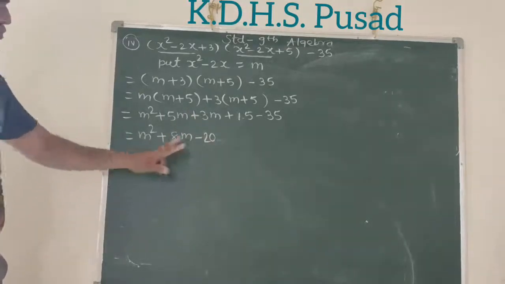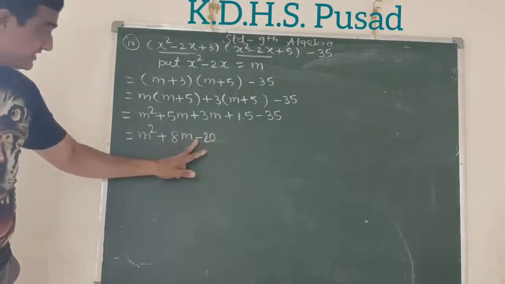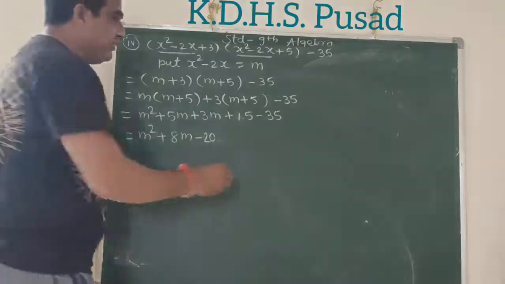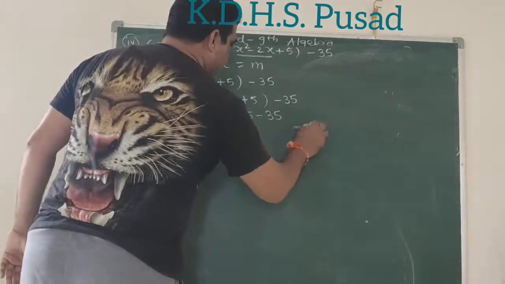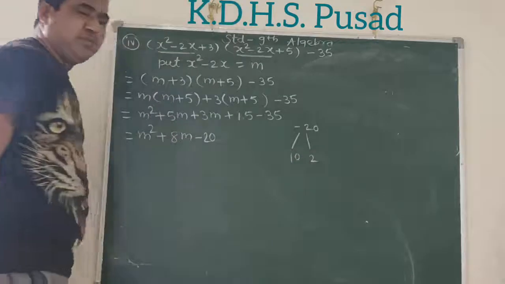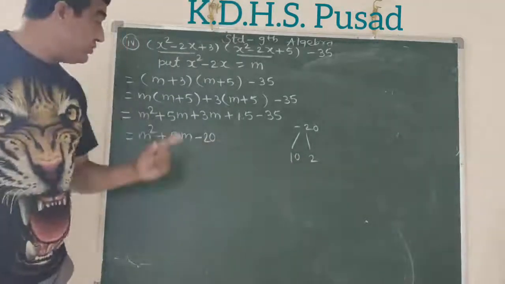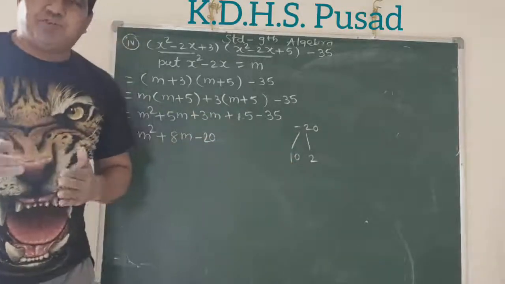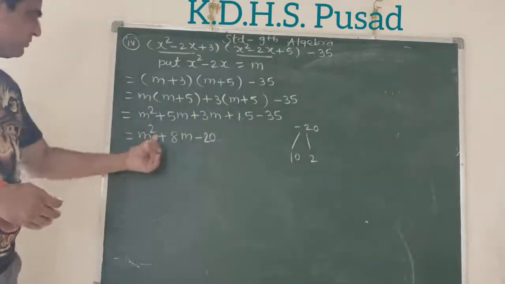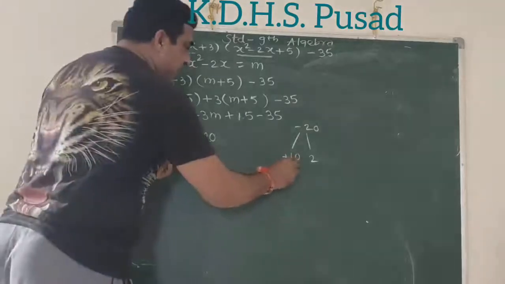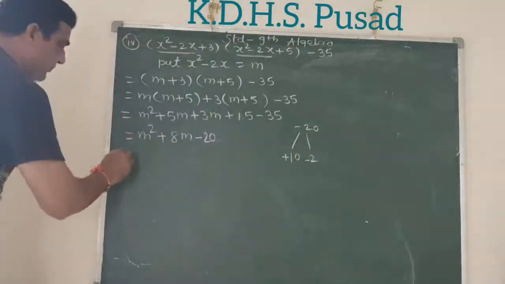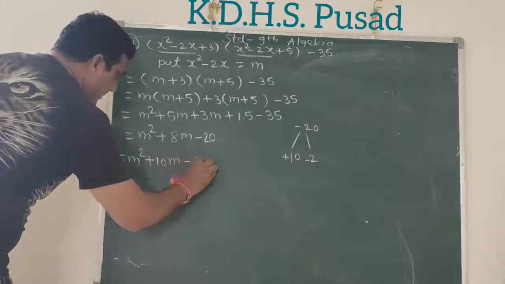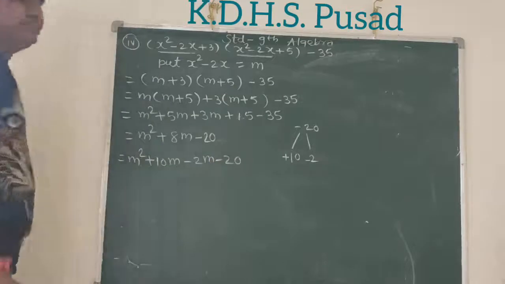We want two numbers whose product will be 20 and subtraction will be 8. Two numbers, product 20: 10 and 2. Subtraction, 10 minus 2 is 8. Now signs. When the product is negative, out of these two, one number is positive, one number is negative. The minus sign goes to the greater number, and the other sign to the remaining number. So here m square plus 10m minus 2m minus 20.